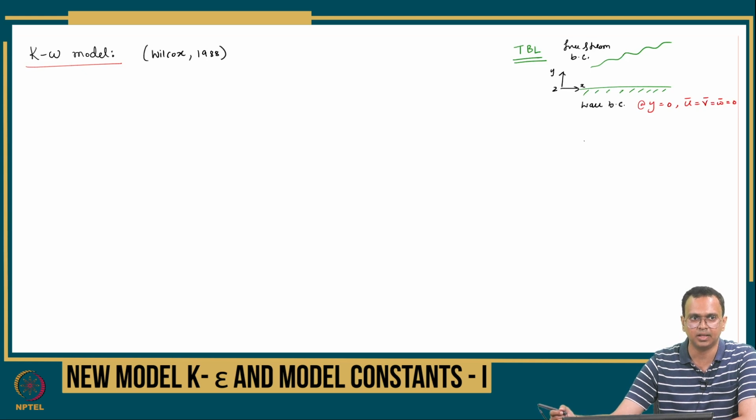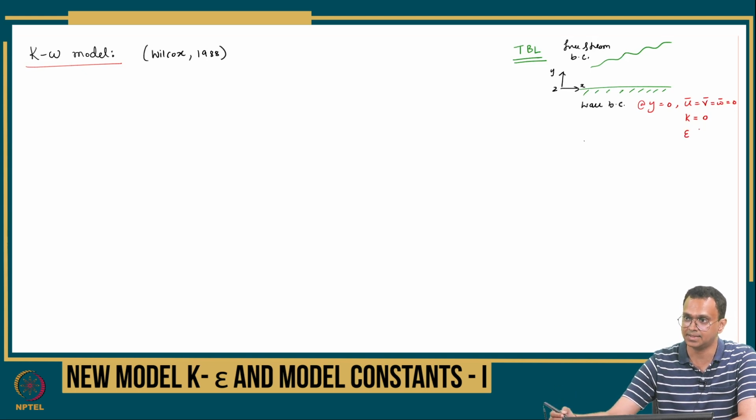Together with it, in the K epsilon model we are computing 2 extra parameters, k and epsilon. What will happen to k at the wall, y equal to 0? It goes to 0. K is made up of correlation of velocities, so velocity goes to 0, its fluctuation will also go to 0. What will happen to epsilon? Epsilon goes to maximum.